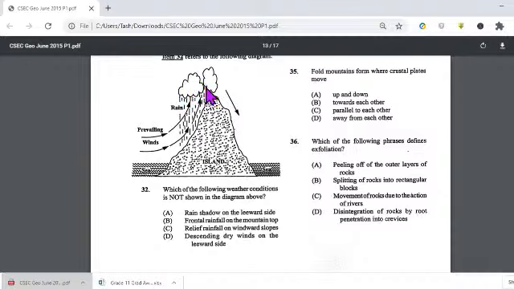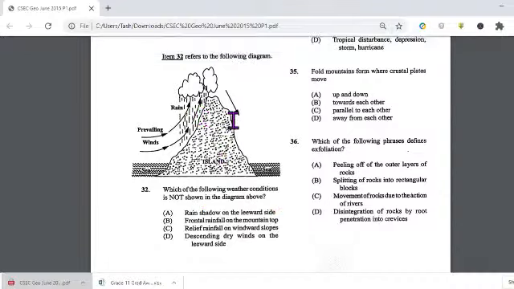You are going to have rainfall at the top of the mountain as well as on the windward side here. However, on the leeward side, which is on this opposite side, you would normally have a rain shadow. But in this specific diagram, we are not seeing the rain shadow. The only thing that we are actually seeing is the symbol for the descending dry winds. So for 32, our answer would have been letter A.